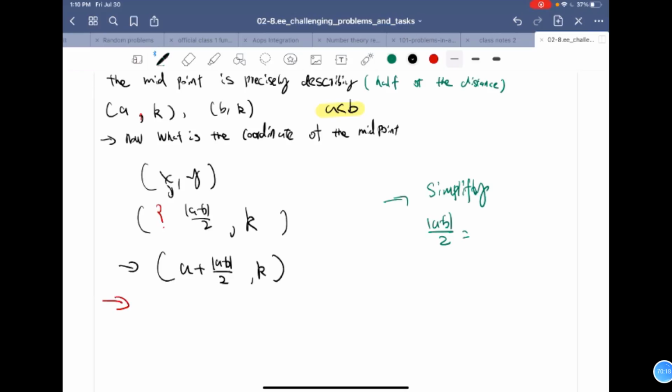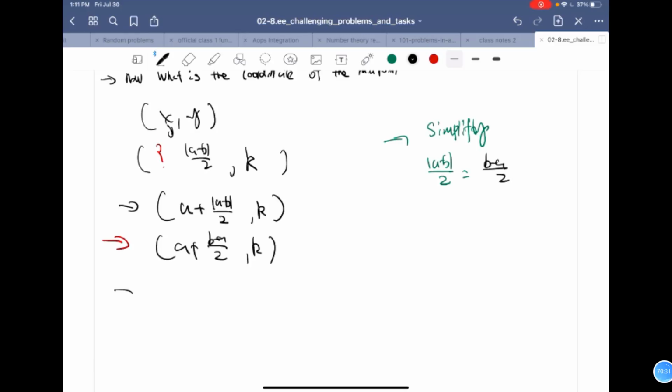Yes, B minus A, right? Divided by 2. Then you have A plus B minus A. Okay. What does this give you? A plus B divided by 2.